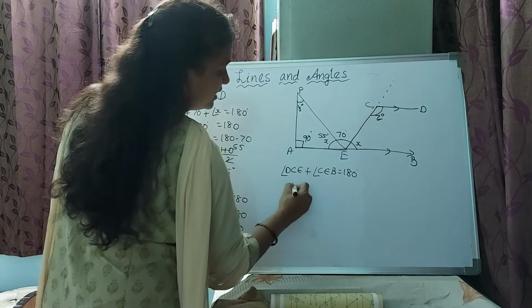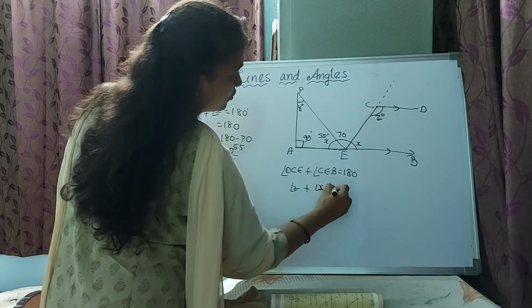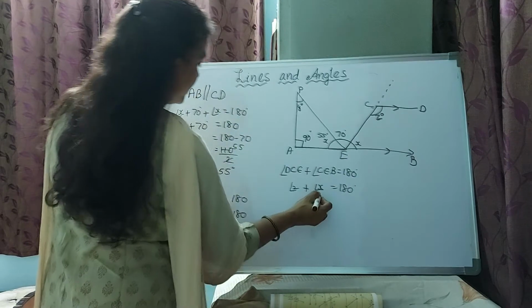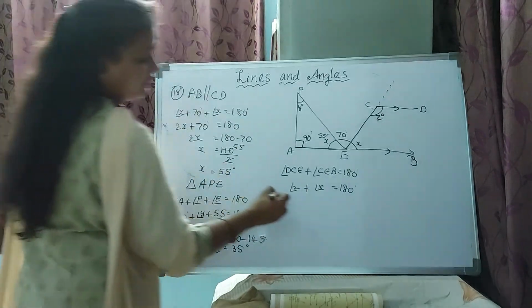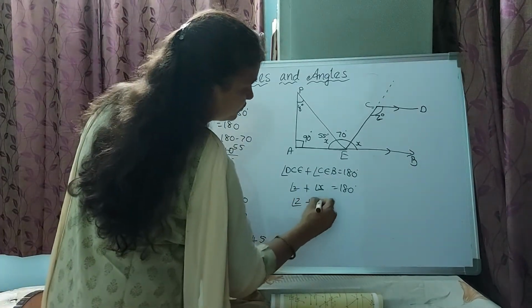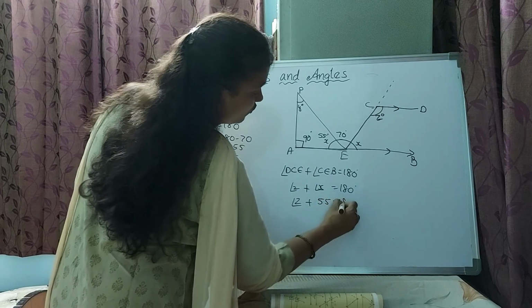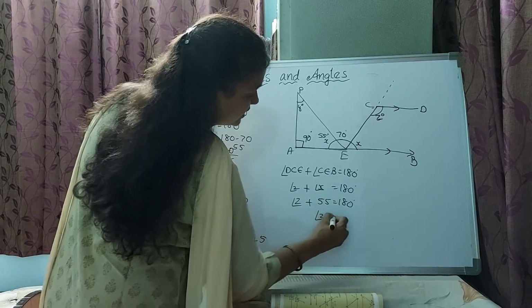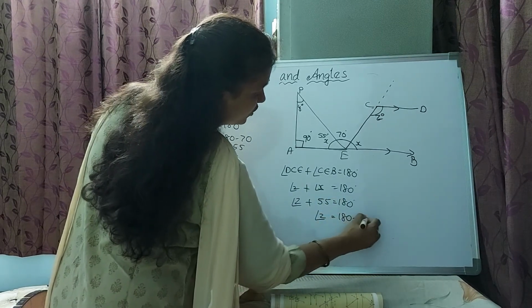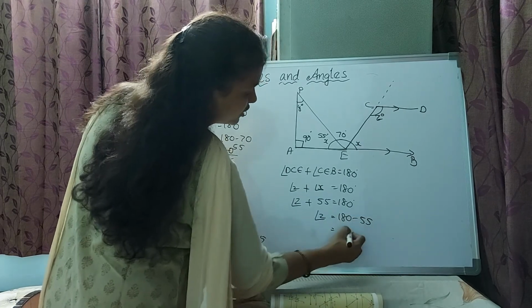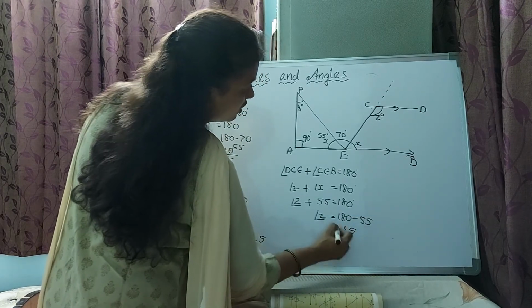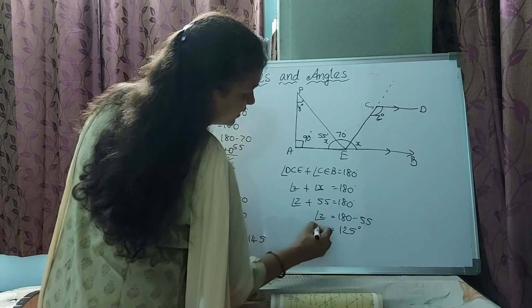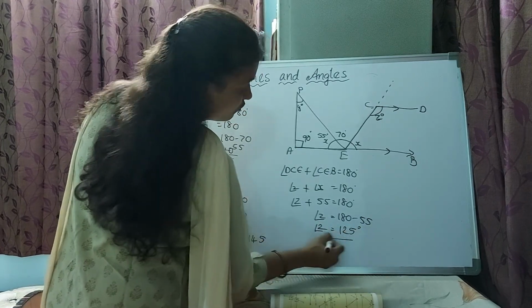So angle Z plus angle X is equal to 180. What is X here? 55. So angle Z plus 55 is equal to 180. So angle Z is 180 minus 55. We will get 10 minus 5, 5, 7 minus 5, 2, then 125 degrees. Angle Z is equal to 125.